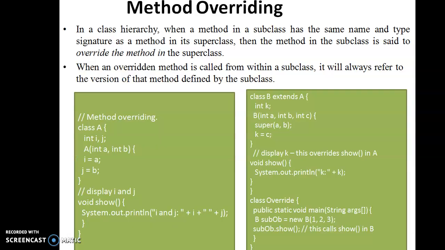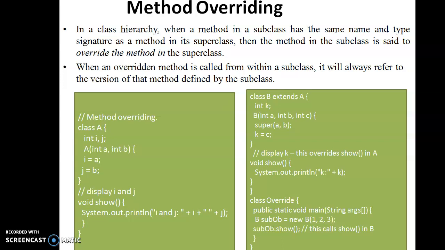Okay. What is method overriding? This is the most interesting concept. In a class hierarchy, when a method in a subclass has the same name and type signature as a method in its superclass, then the method in the subclass is said to override the method in the superclass.